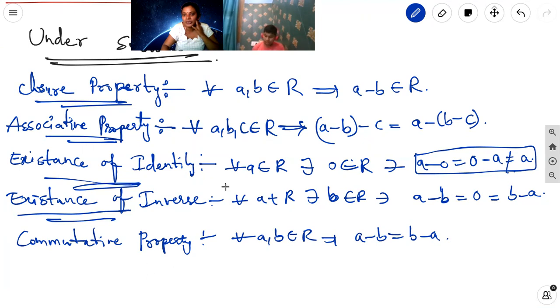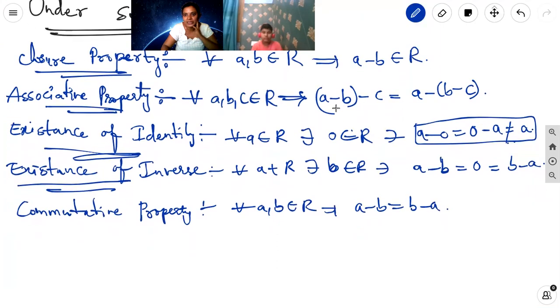Suppose closure property is satisfied, but the associative property, existence of identity, existence of inverse, and commutative property, these four are not satisfied by any set. Why?